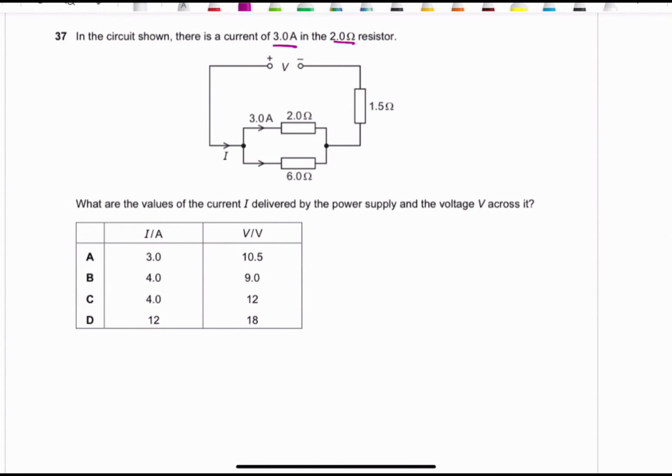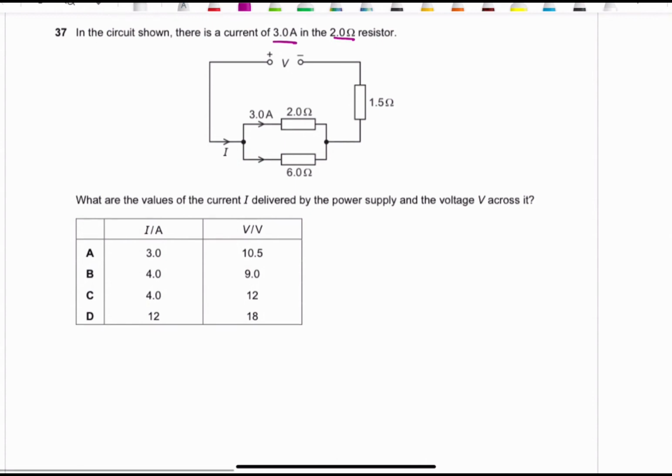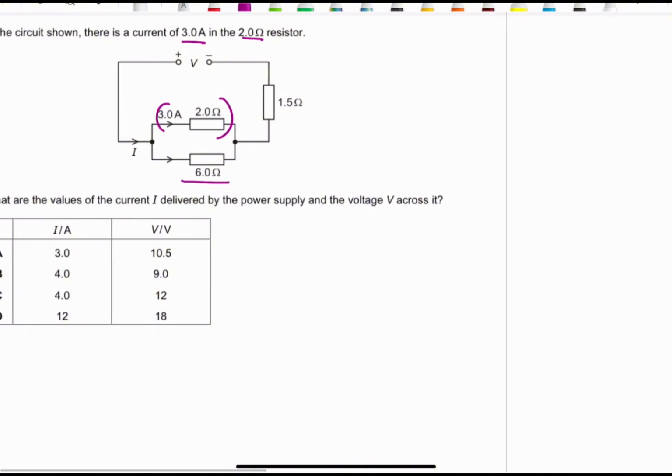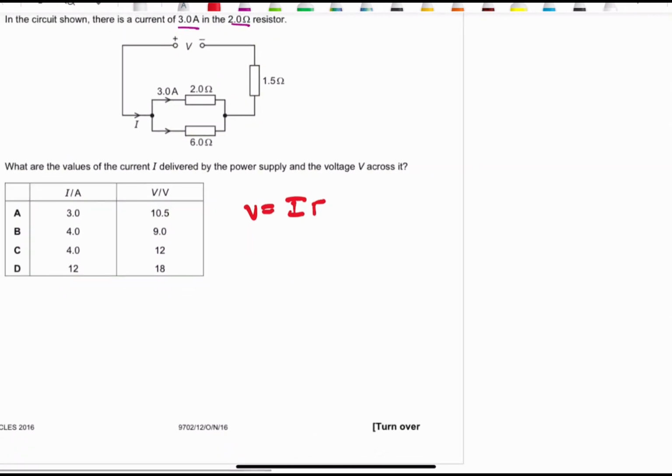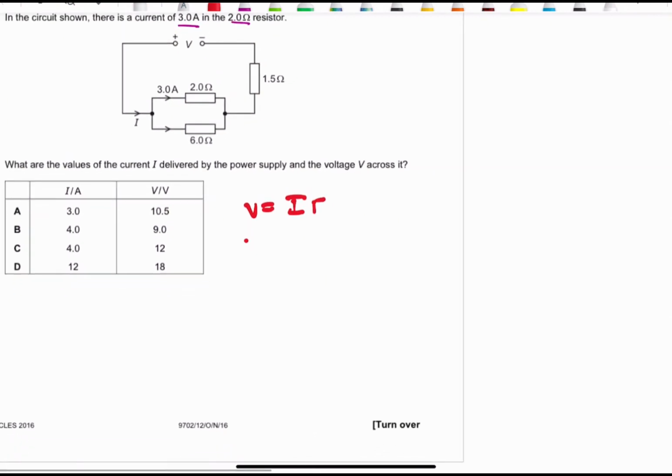We basically find the potential difference across this component, and it's going to be the same as the potential difference across that component itself. How do you find it? We know that V is equivalent to IR, so the value of V is going to be 2.0 multiplied by 3.0.